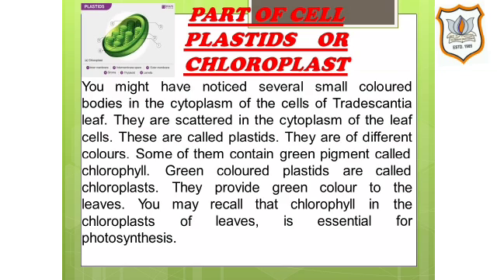Plastids can be of many different colors. The plastids containing green pigments, that is chlorophyll, are known as chloroplast. The green colored plastids called chloroplast present in the cells of leaves provide green color to the leaves.